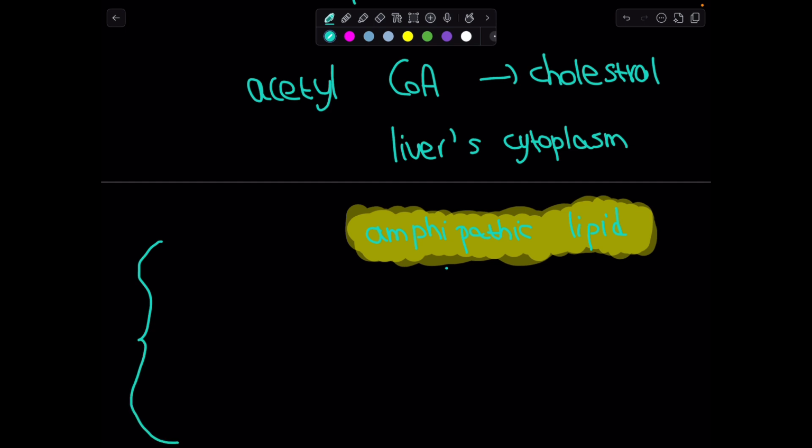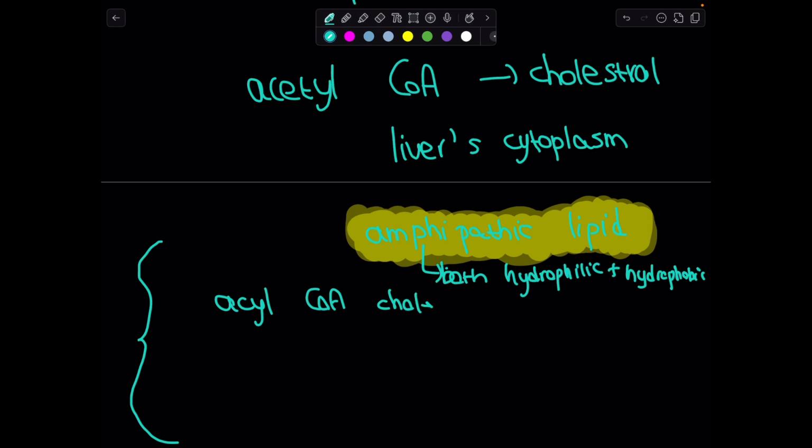Amphipathic describes molecules with both hydrophobic, water-repelling, like lipid tails, and hydrophilic, water-attracting, like polar heads, parts, crucial for structures like cell membranes or bile acids that interact with both water and fats. Now, let's weave acyl-CoA cholesterol acyltransferase, ACAT, cholesterol esterase, and neutral cholesterol ester hydrolase, NCEH, into a critical narrative about cholesterol management.